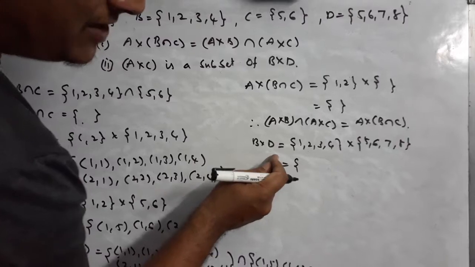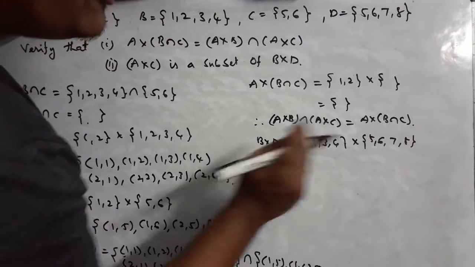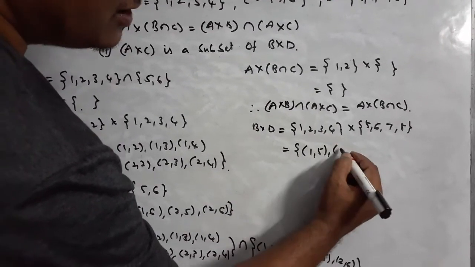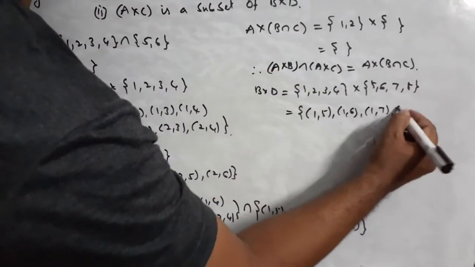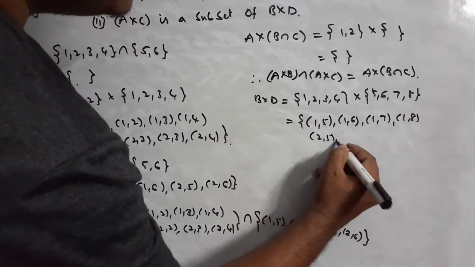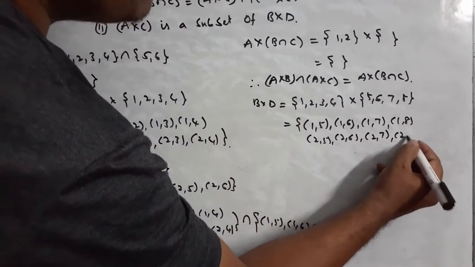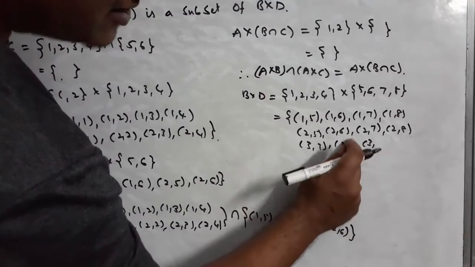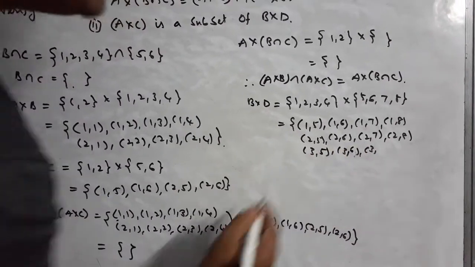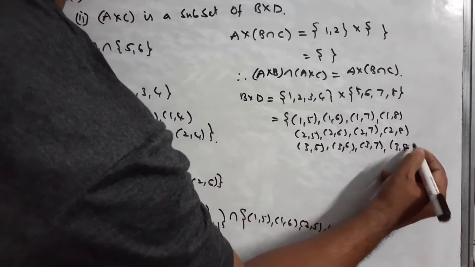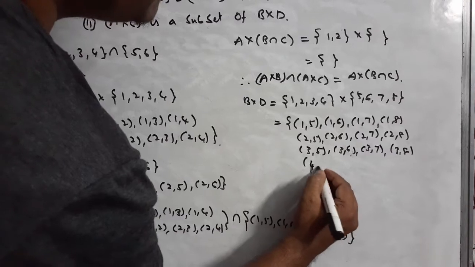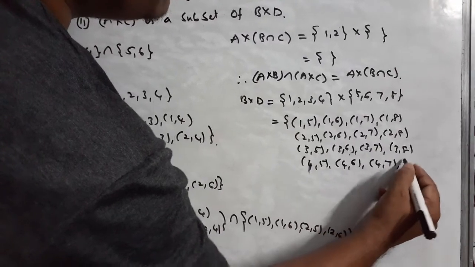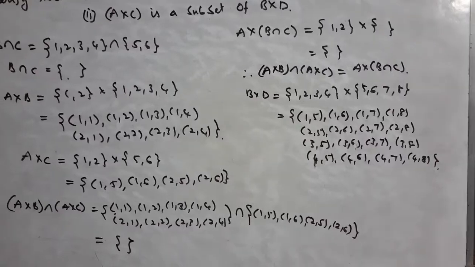These are ordered pairs with the first element from set B and the second element from set D. So here 1 comma 5, 1 comma 6, 1 comma 7, 1 comma 8, 2 comma 5, 2 comma 6, 2 comma 7, 2 comma 8, 3 comma 5, 3 comma 6, 3 comma 7, 3 comma 8, next 4 comma 5, 4 comma 6, 4 comma 7, 4 comma 8. So this is B cross D.